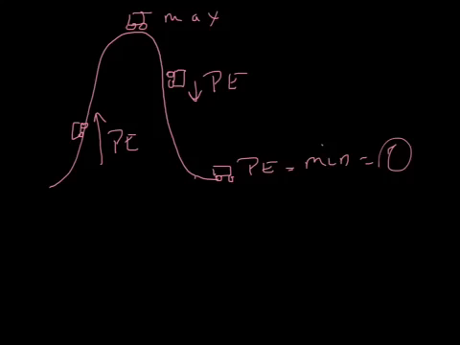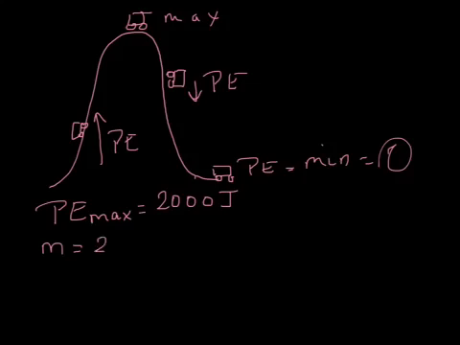So, let's say we know our buggy has a potential energy at the top of the hill of 2,000 joules. And let's say our cart has a mass of 200 kilos. And we want to know how tall is our hill.